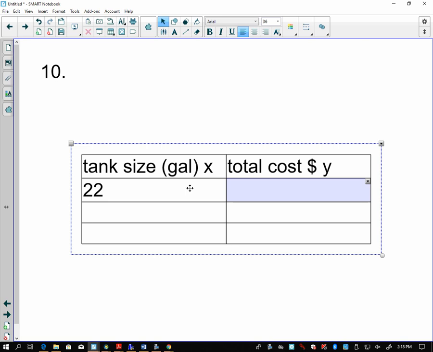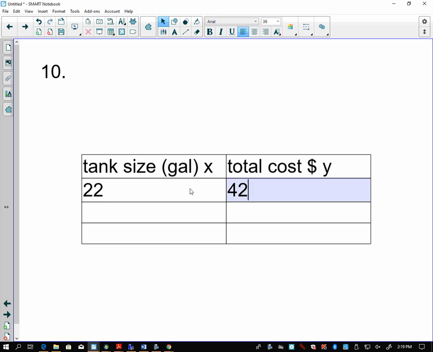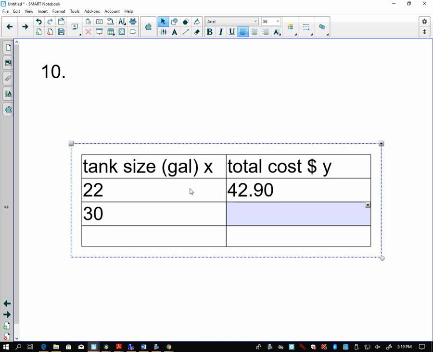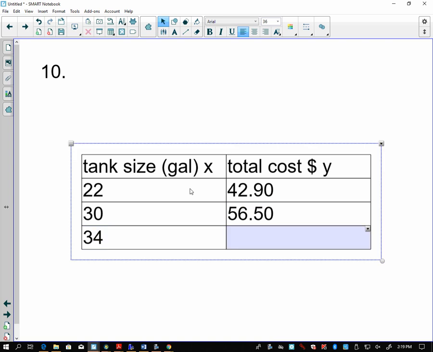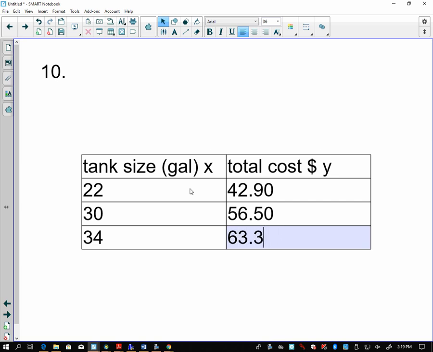Let's see, I need a calculator here. Say this is 42.90, 30, 56.50, 34, and 63.30.